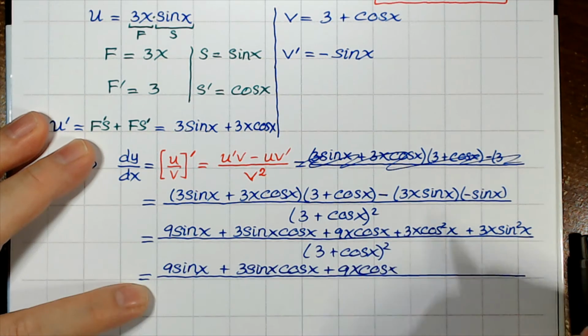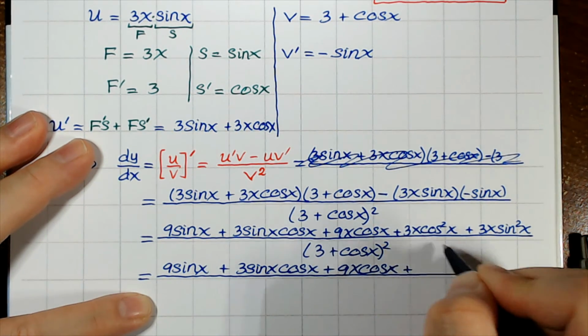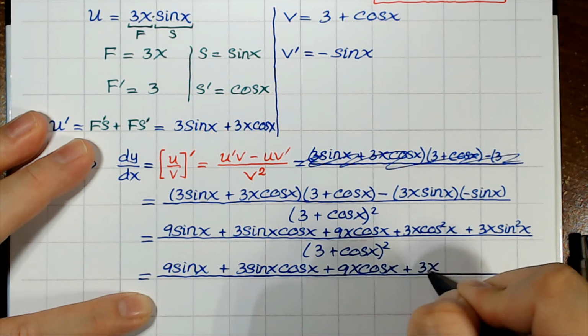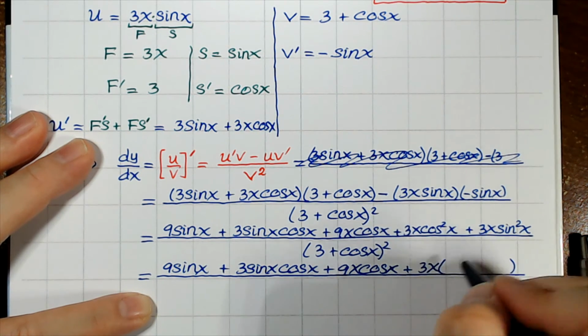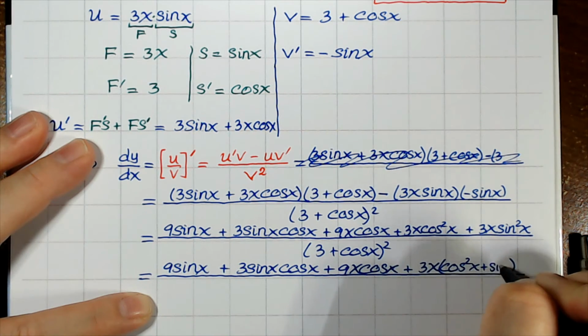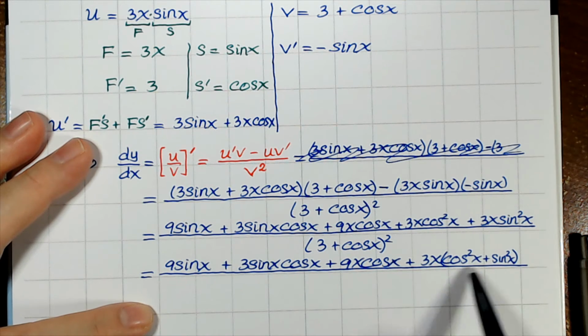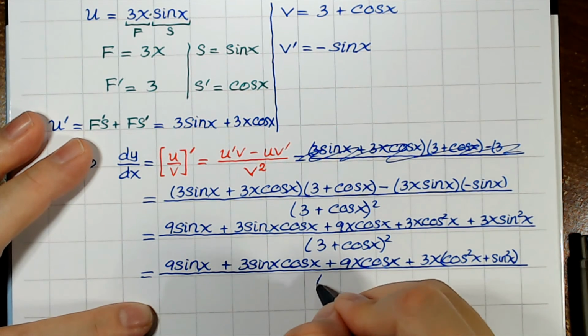So we cannot simplify anything. Only the last part, 3x cosine square plus sine square, and by the Pythagorean identity, cosine square plus sine square is 1.